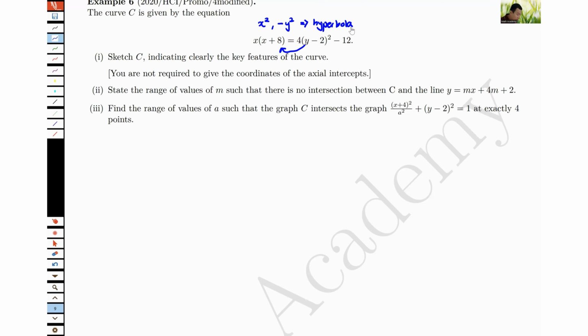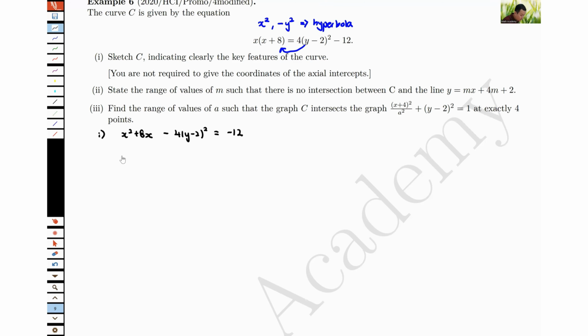So we want to sketch out the hyperbola by writing the equation in standard form first. We want to complete the square. When you do standard form, you want to complete the square for both. So on the left, to complete the square, I need to expand first. I move the y term also across, and the constant negative 12, I leave on the right side.